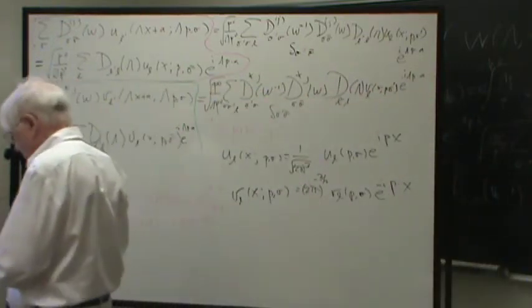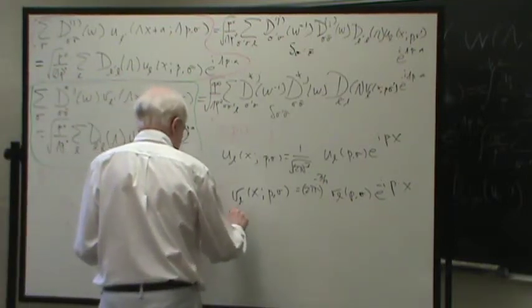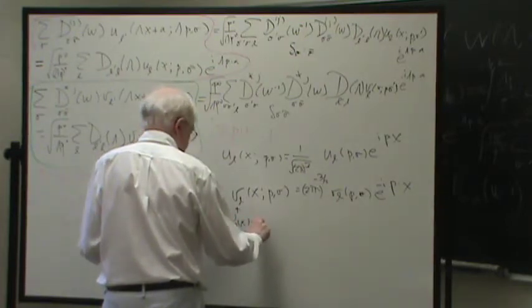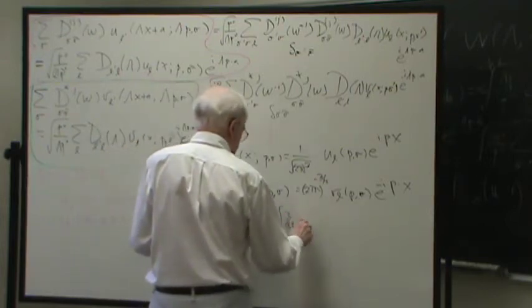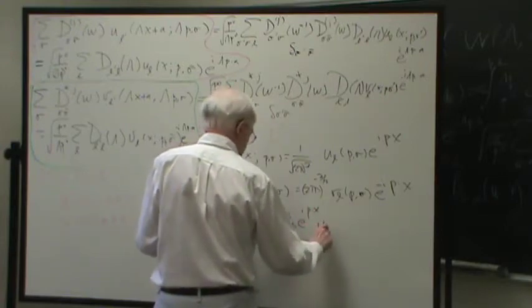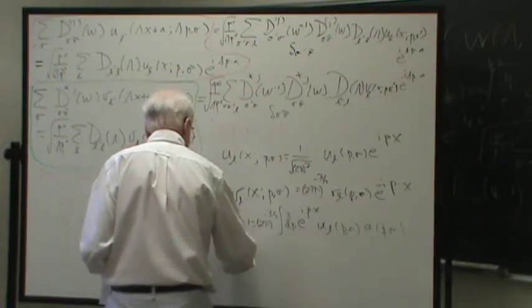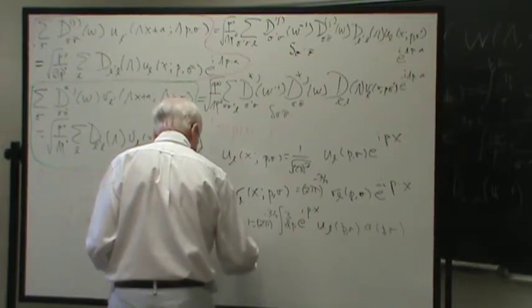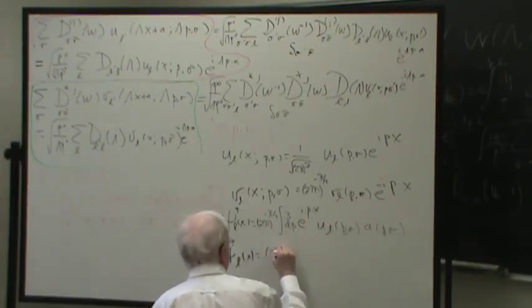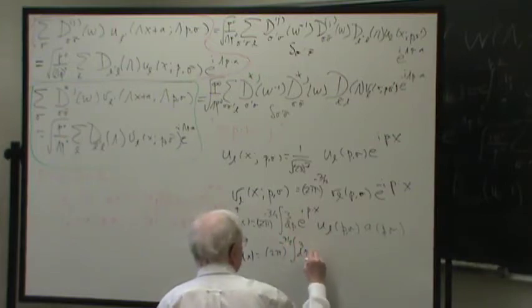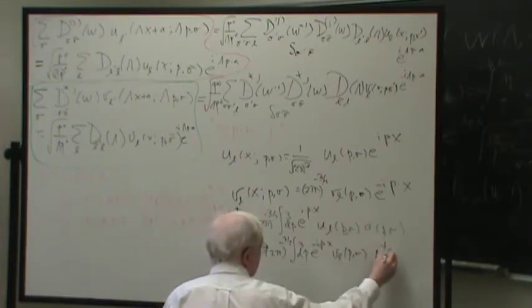And the result is that the fields are really Fourier transforms, namely psi plus L of x then is 2 pi to the minus 3 halves integral d^3p e to the i p dot x u_L of p and sigma a of p and sigma, and psi minus is 2 pi to minus 3 halves integral d^3p e to the minus i p dot x v_L of p and sigma b dagger of p and sigma.